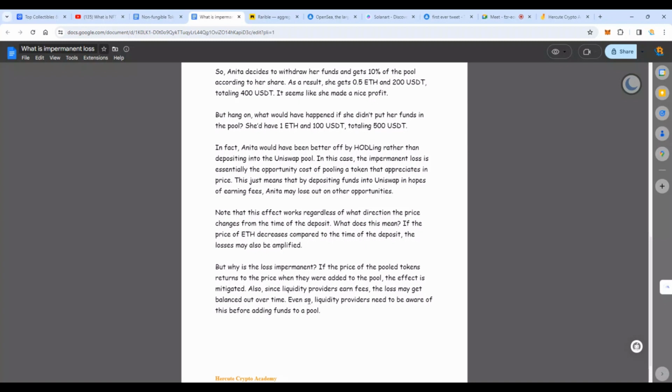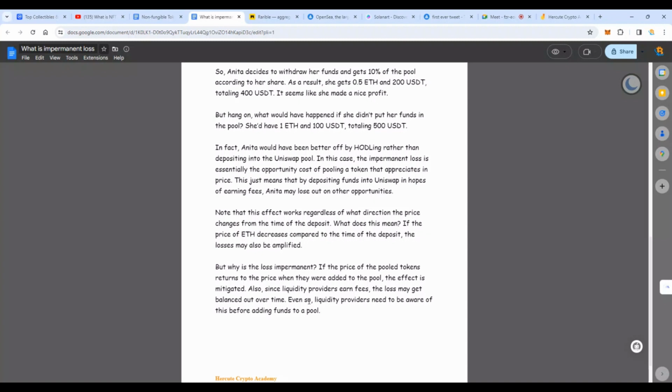If the value of Ethereum goes up, it means you're going to receive less Ethereum when you're removing your liquidity. If the value of BNB goes down, it means you're going to receive more BNB when you remove the liquidity. And this could have a negative effect.